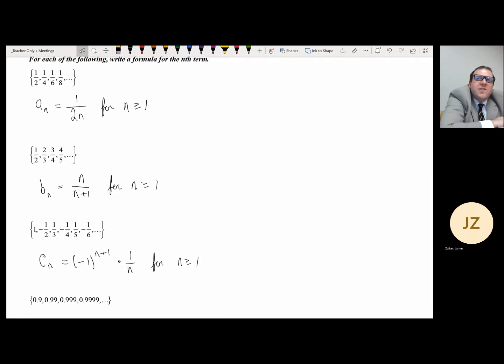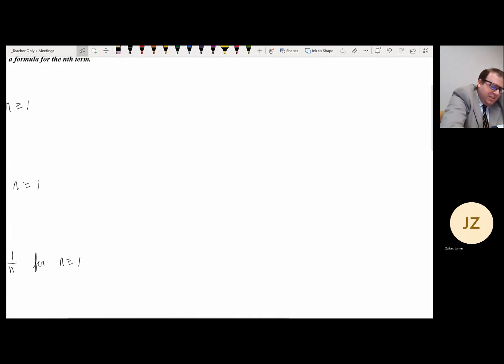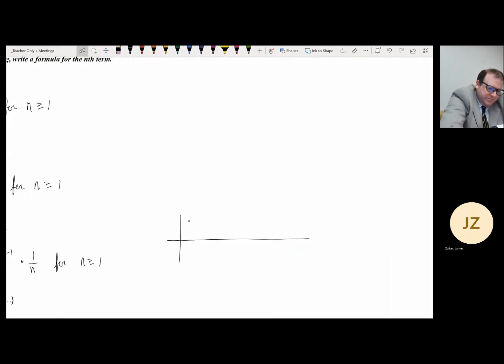What about c sub n? Zero. We actually take a look. Right, yes, it's alternating, but notice that the magnitude is getting closer to 0. So yes, the terms actually are stabilizing out to 0.